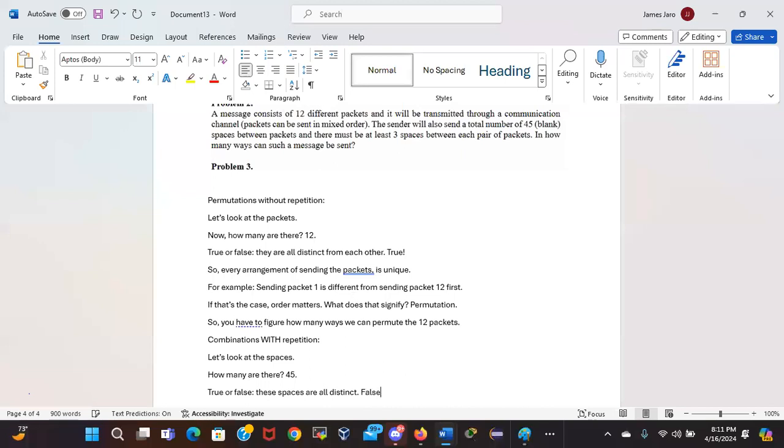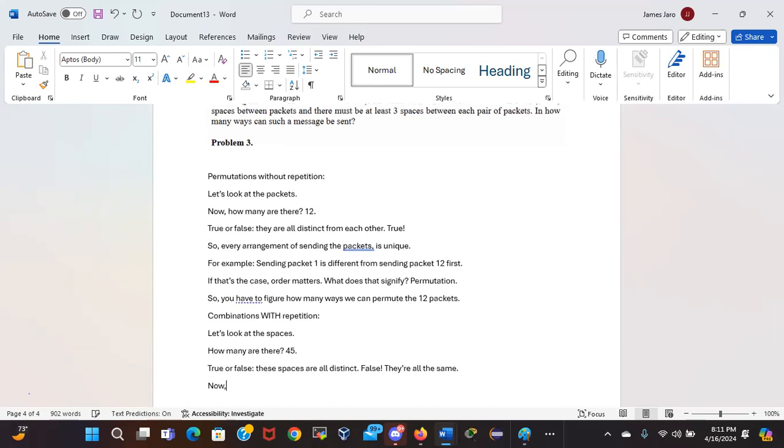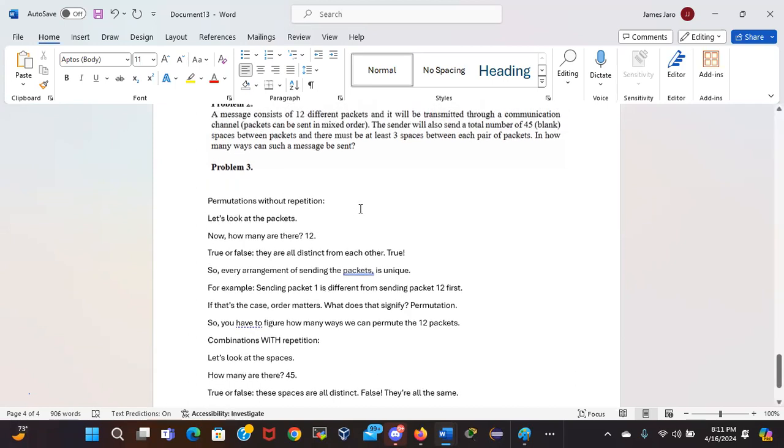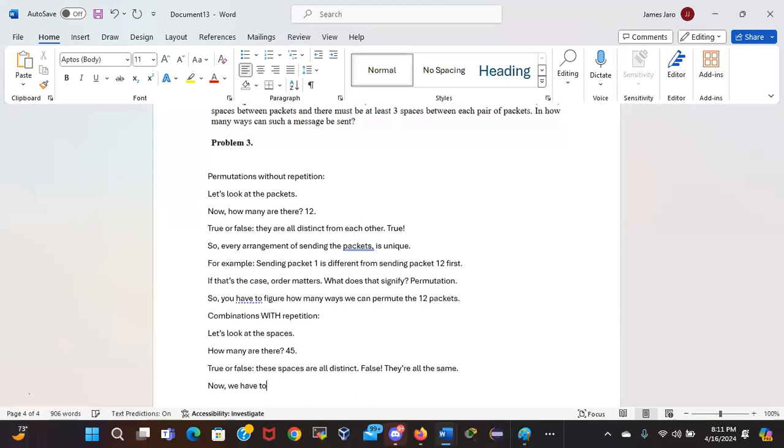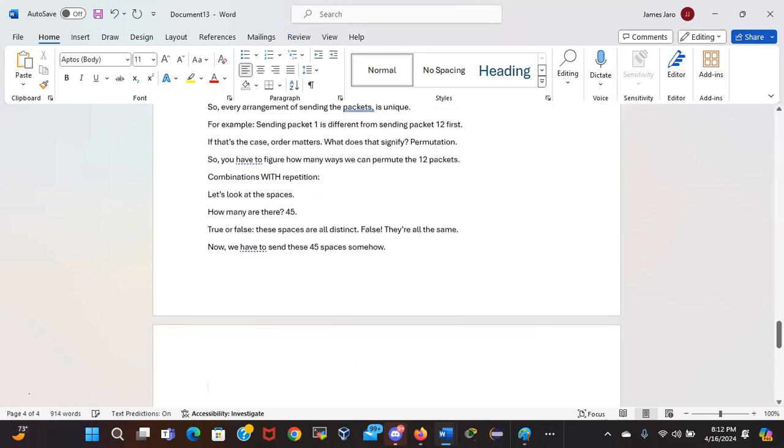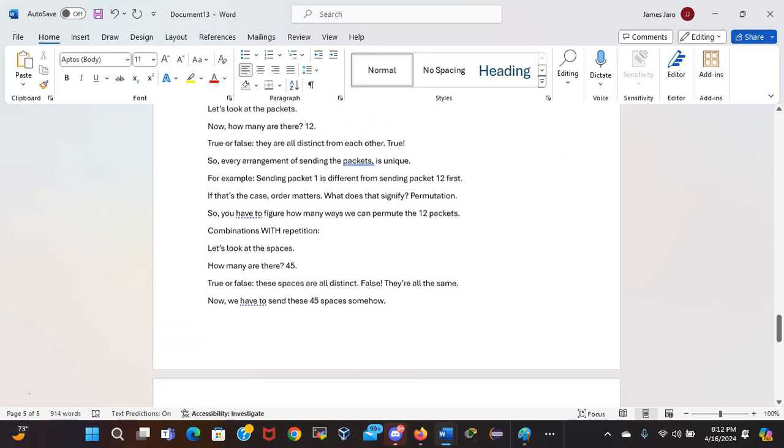Yeah, it's false, right? They're all the same. Now, we have to send these 45 spaces somehow, right? Would you agree that in this message, you've got to somehow send these 45 spaces?